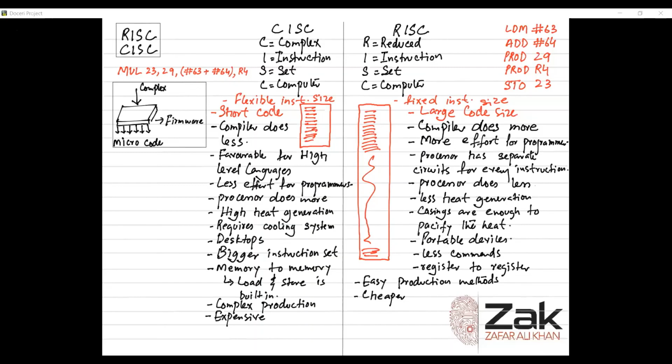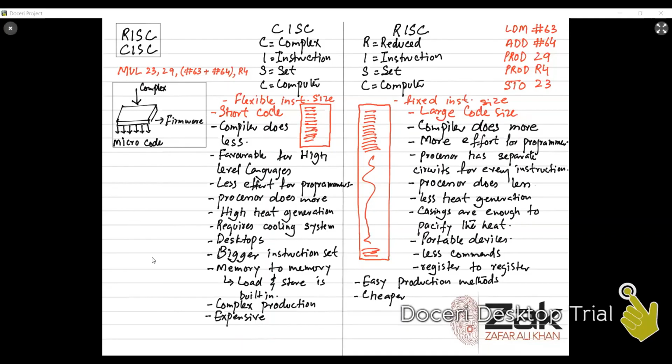Less heat can be got rid of by just the chassis, or whatever casing the device has. That casing would be enough to neutralize the heat. So CISC requires a cooling system, RISC does not. All the desktops and laptops with fans are actually having CISC, whereas over here casings are enough to pacify the heat.